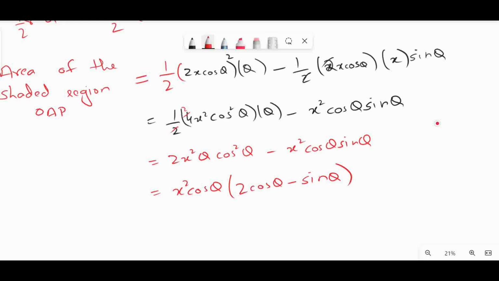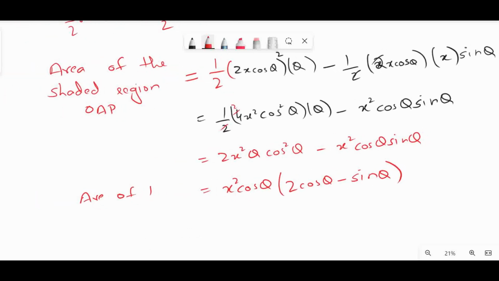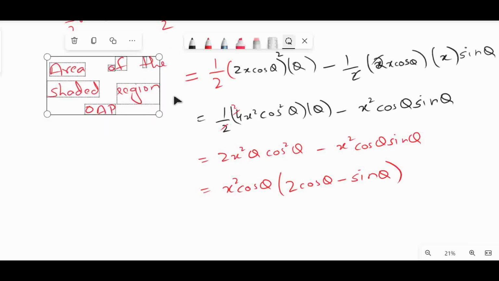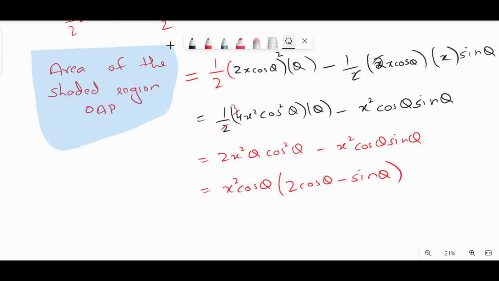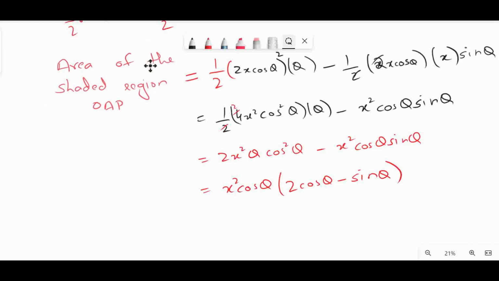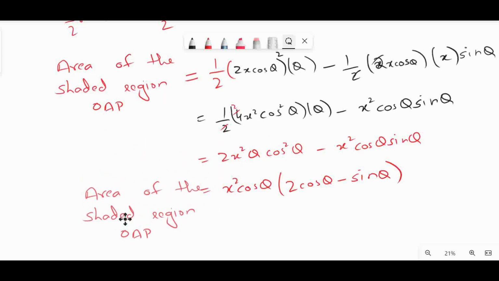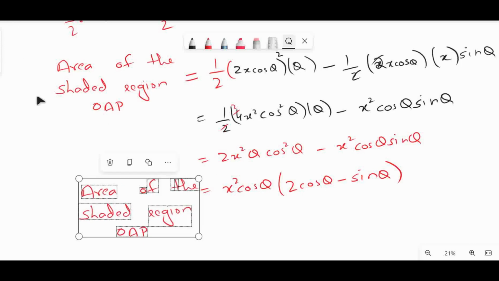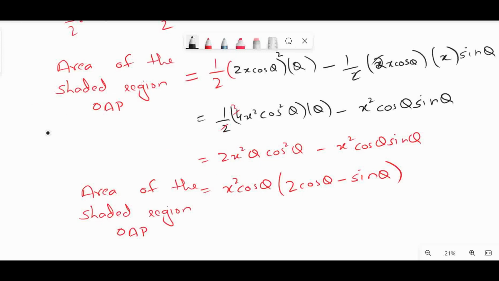We don't know the values of x and theta, so the area of the shaded region, no need to write it again, this will be the final answer.